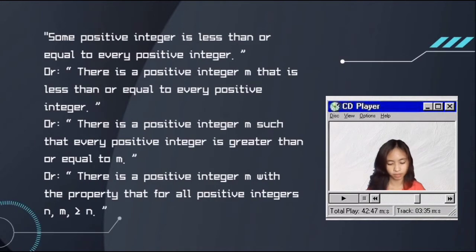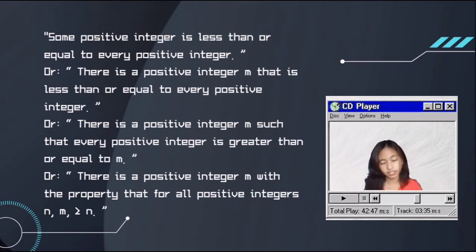For example, some positive integer is less than or equal to every positive integer, or there is a positive integer m that is less than or equal to every positive integer.